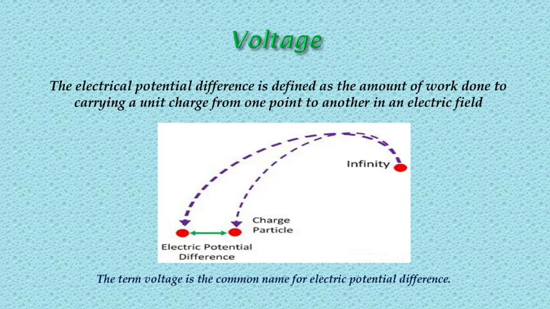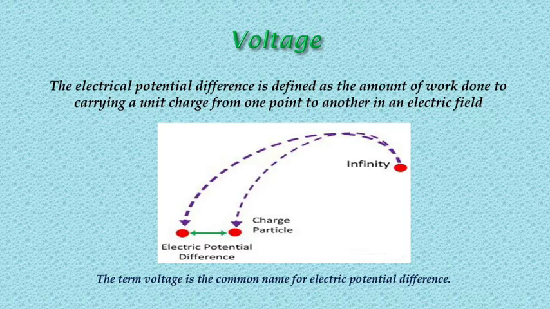Now, electron being negatively charged, less work is to be done to bring a unit positive charge from infinity to a point with high electron concentration with respect to the low electron concentration. By definition, less work means less potential and high work means high potential.